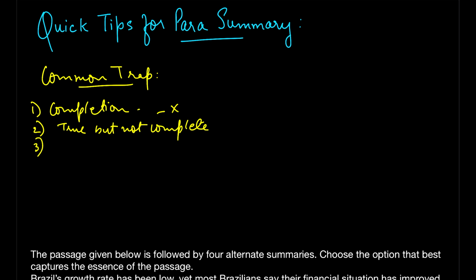And the third thing is that there are some options which repeat the premise of the argument. If you find any option which is repeating the argument mentioned above, then that also is not my para summary, because repeating is never a summary.